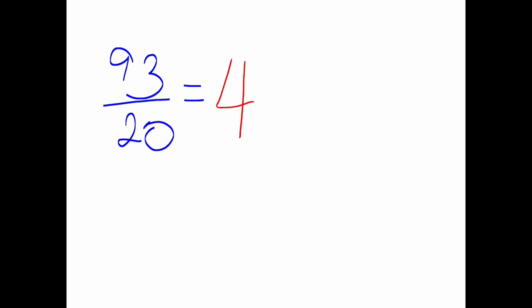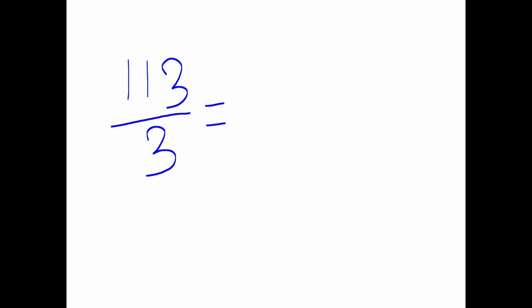We have our remainder to be 13. Very good. Over 20. Do you see that? It's so easy to get, right? When you divide, your first answer will be your whole number, and then your remainder will be the numerator, and your denominator remains the same. Do you understand? Very good.